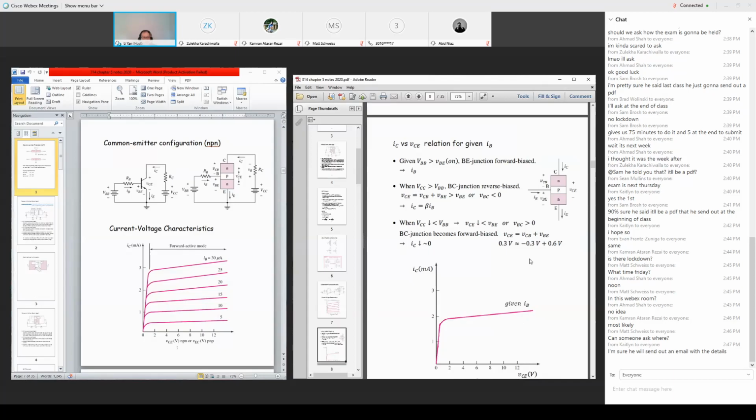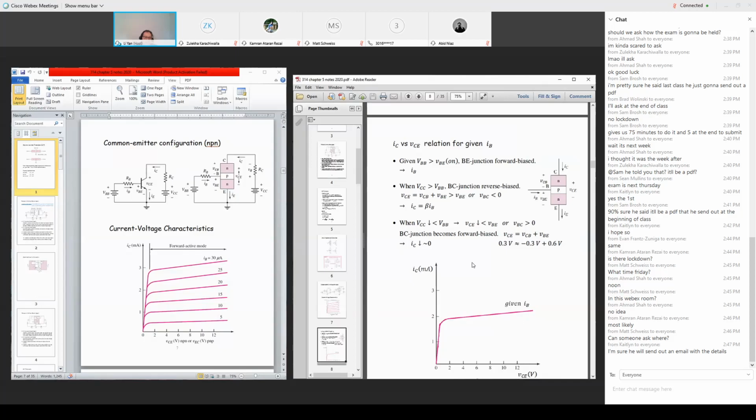That means it was reverse biased, and it becomes forward biased. Well, because it's forward biased, you don't have a space charge field to pull the injected carriers from the emitter into the base, and they cannot get to the collector. So that tells me the final statement: in that case, the collector current will drop until 0.